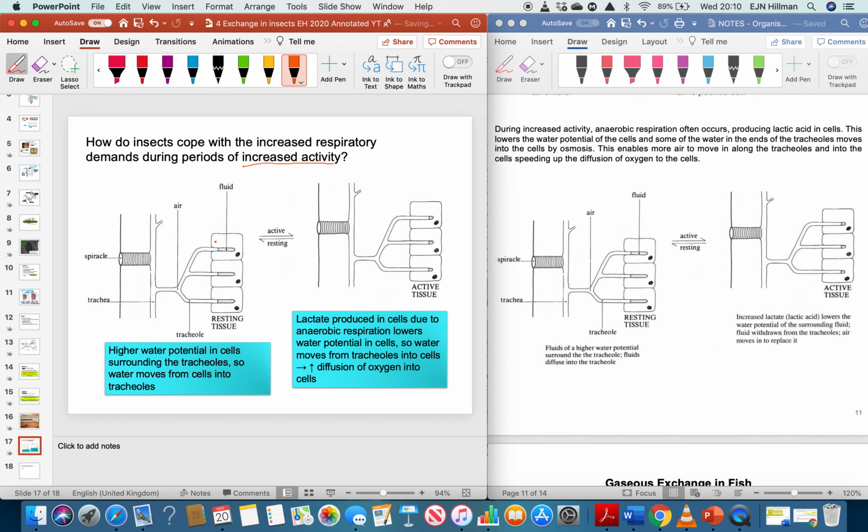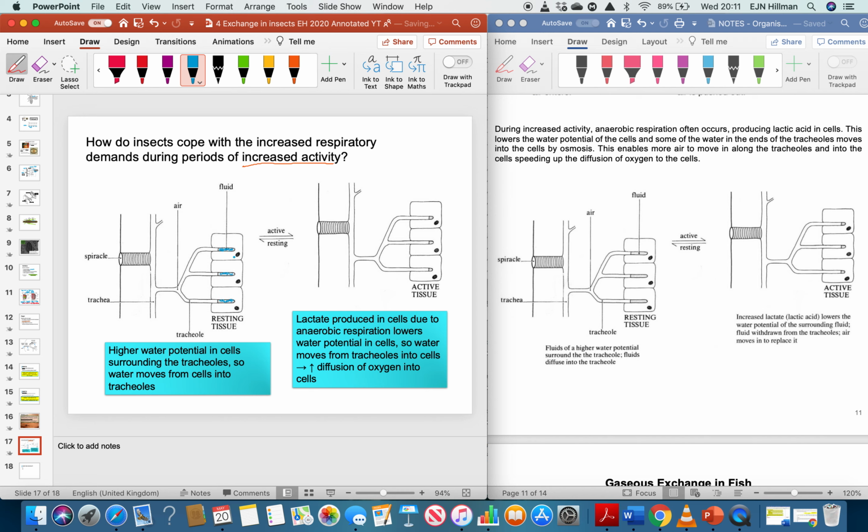It's also necessary for carbon dioxide to move the other way. So what we have here is a tracheal system: the spiracle, trachea, and a resting tissue. And what you might notice is there is a fluid at the end of those tracheoles.